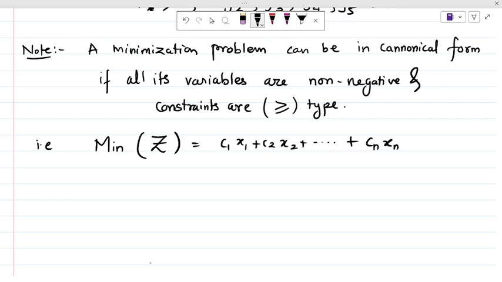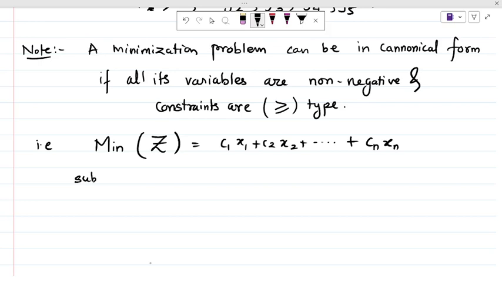This is the objective function we are minimizing. Maybe it is a cost function, or maybe you are trying to reduce some quantity in the real world, to minimize your losses or something like that.